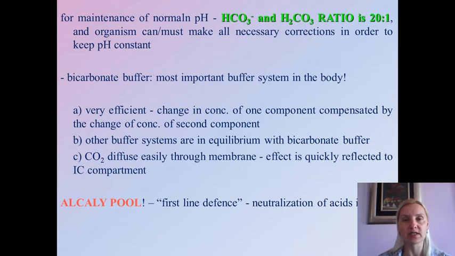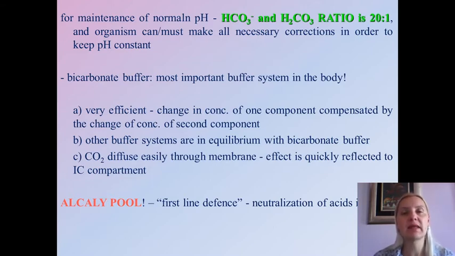Bicarbonate buffer is considered to be the most important buffering system in the body, and there are several reasons for such a statement. It's very efficient. What does that mean? That means that the change in concentration of one component is almost immediately compensated by the change in the concentration of the second component.